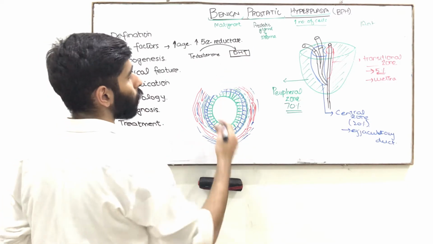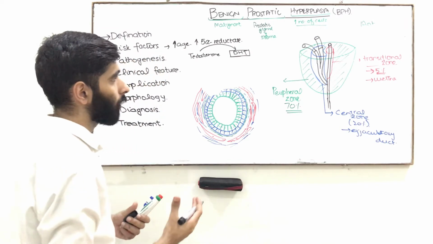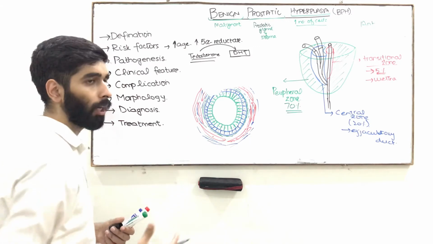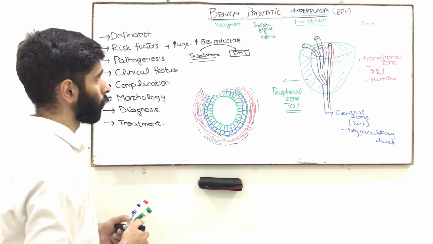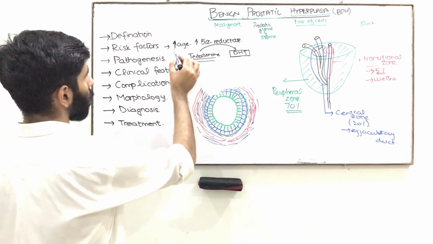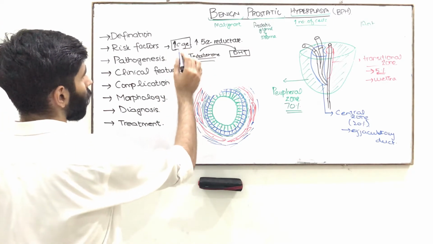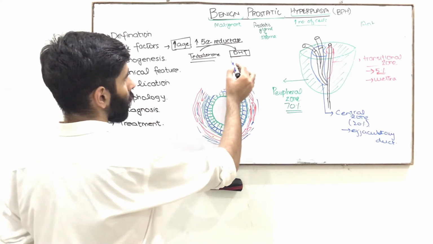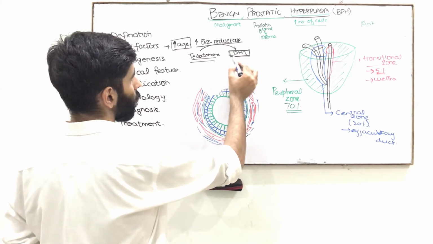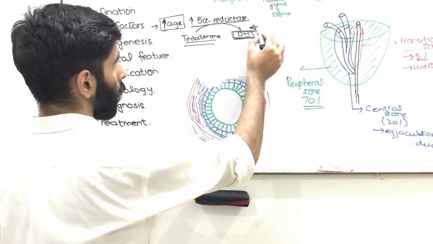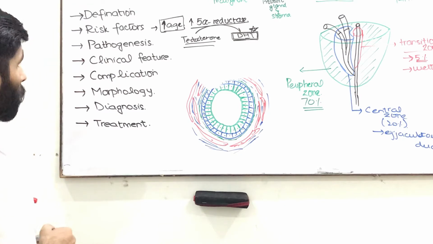Dihydrotestosterone is about 10 times more potent than testosterone. So with advanced age there is increased 5-alpha reductase activity, therefore an increase in the level of dihydrotestosterone, and it is the main culprit of benign prostatic hyperplasia.